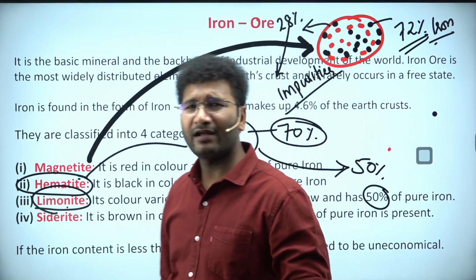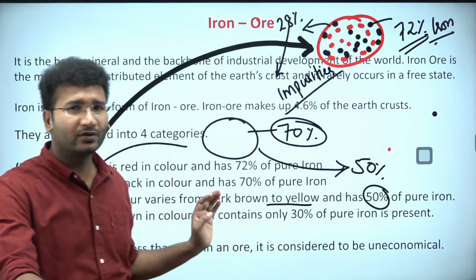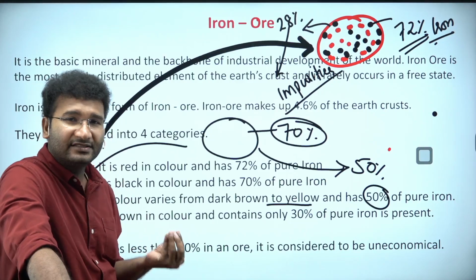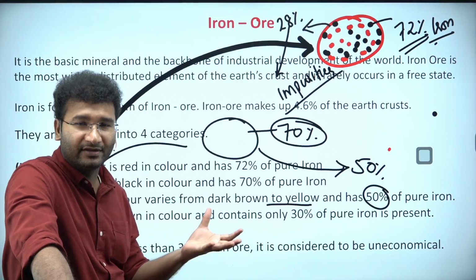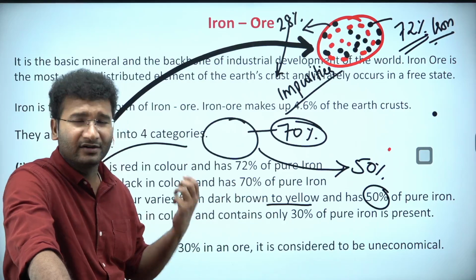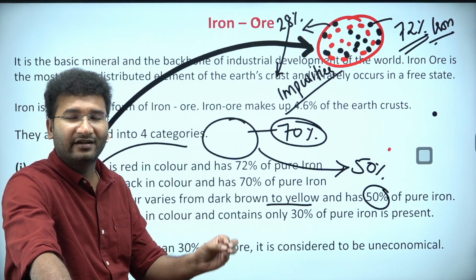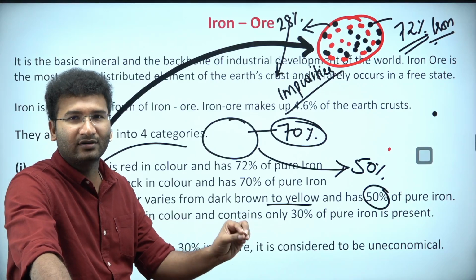Now there are many ores which have less than 30%. If you have less than 30% iron in a particular rock or ore, it is not called industry grade iron ore, right?